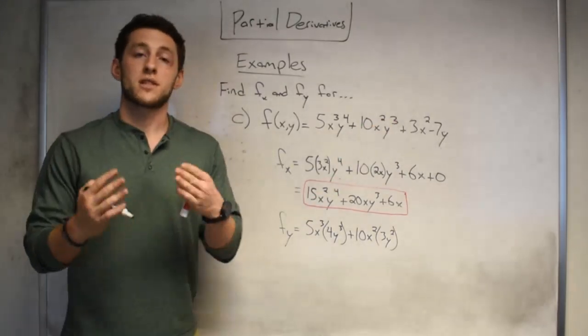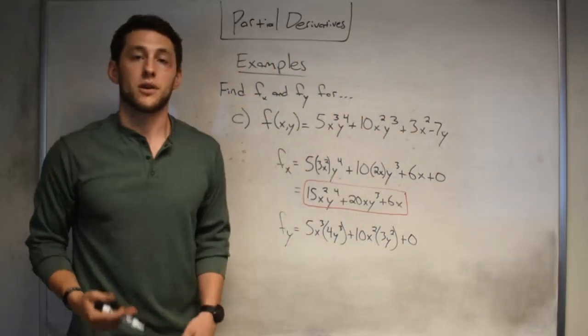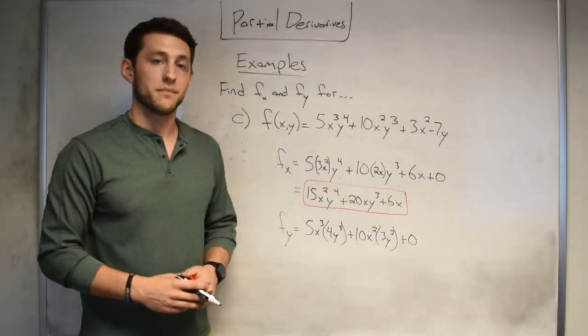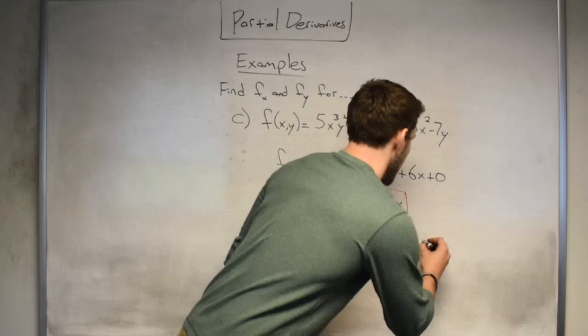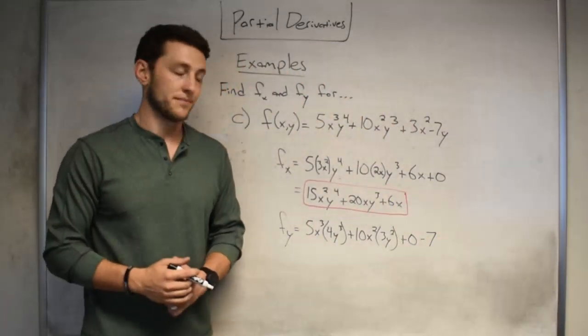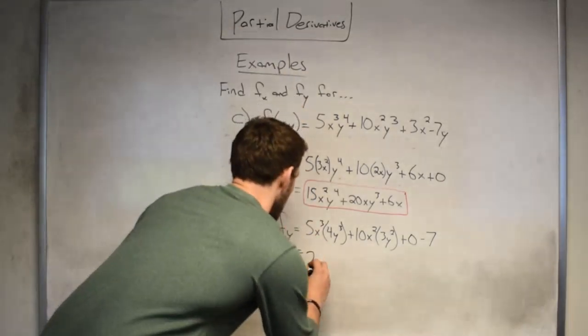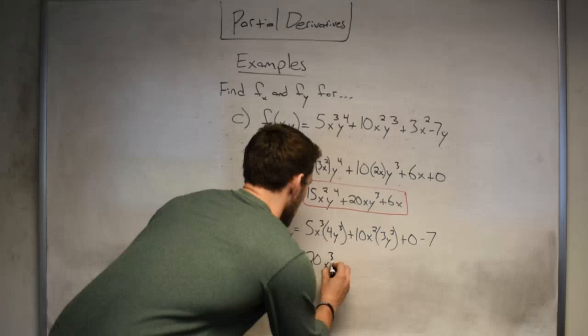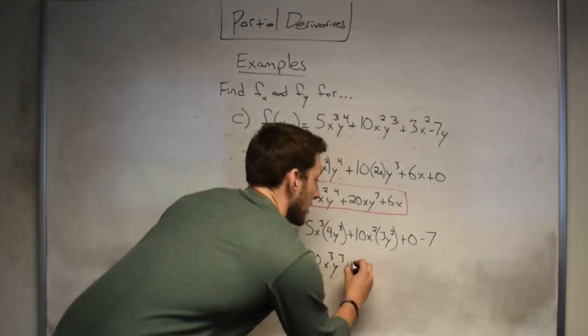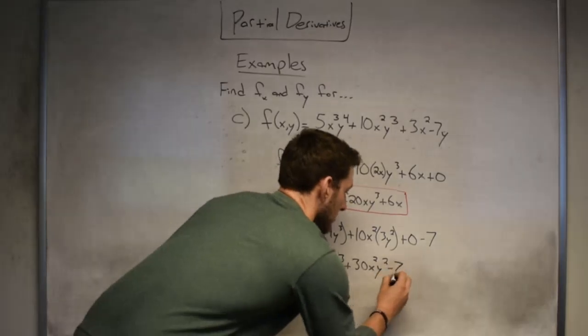The 3x squared does not have a y in it, so it's no better than a constant, so it goes away upon deriving, plus 0. Lastly, the minus 7y, we derive regularly, becomes minus 7. Upon simplification, my answer will be 20x cubed y cubed plus 30x squared y squared minus 7.